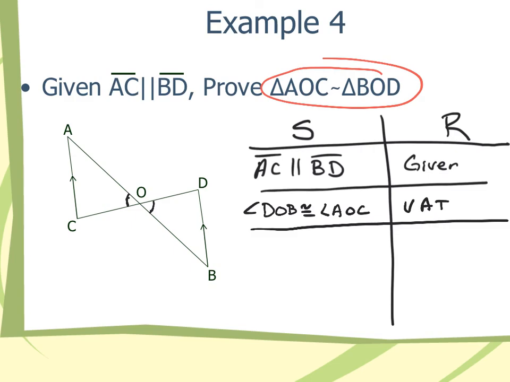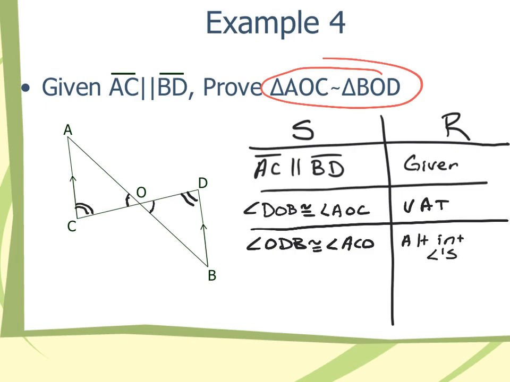And then we can say that angle ODB is congruent to angle ACO because they are alternate interior angles. And then we don't have to go any further.